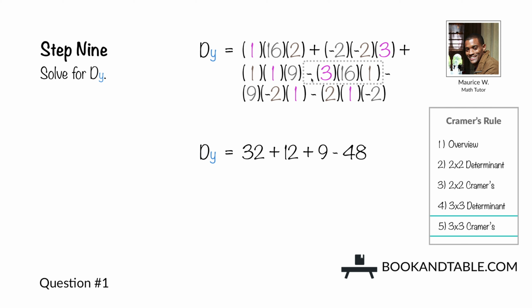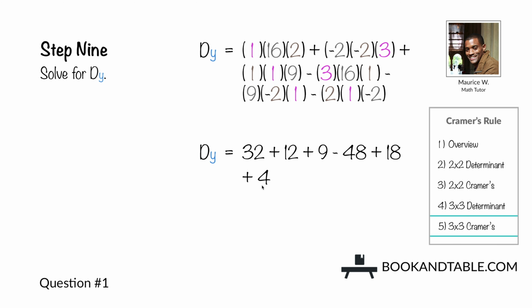Then we have negative 1 times 3 is negative 3, times 16 is negative 48, times 1 is negative 48. Negative 1 times 9 is negative 9, times negative 2 is positive 18, times 1 is positive 18. Negative 1 times 2 is negative 2, times 1 is negative 2, times negative 2 is positive 4.